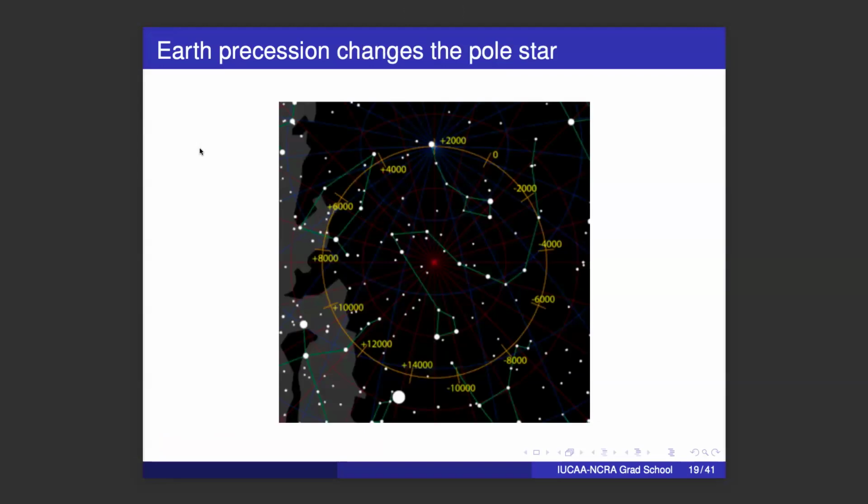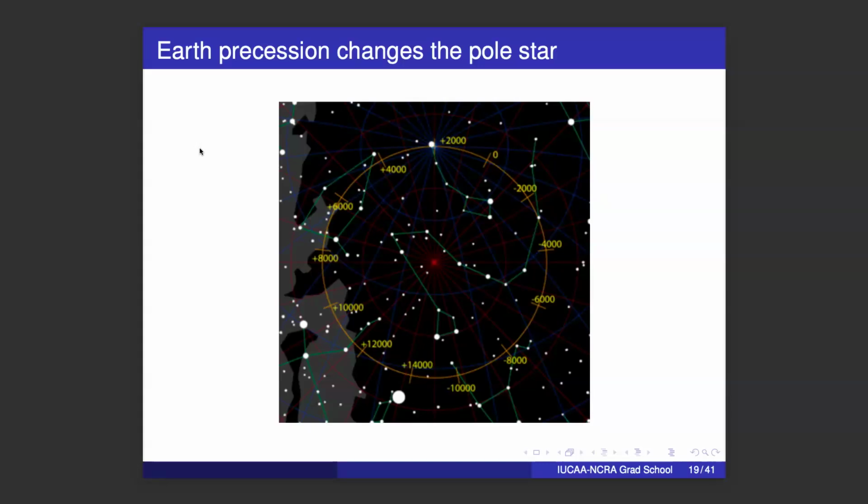And the impact of this is that the pole star changes. So these stars themselves are very distant. They don't change direction. But every 25,800 years, we go around this whole circle. So right now, this is our pole star. Okay.